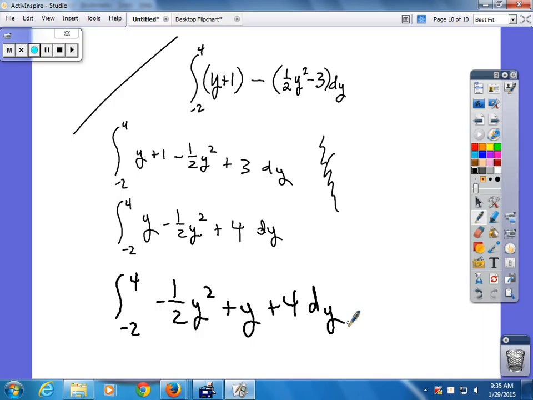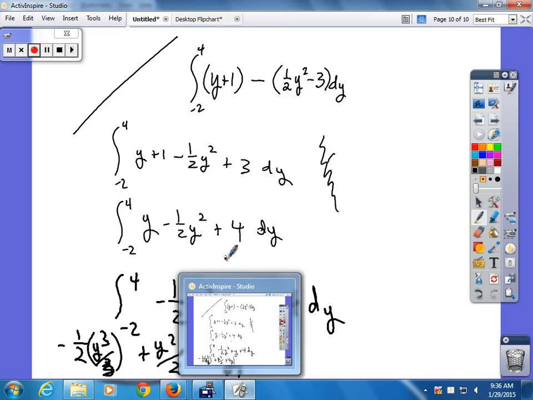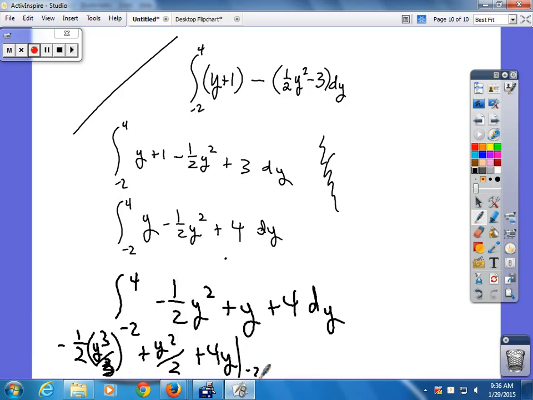And that's going to give me -1/2 y squared over 2. So y to the third over 3. Plus y squared over 2 plus 4y evaluated at -2 and 4.